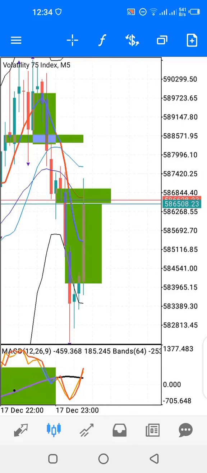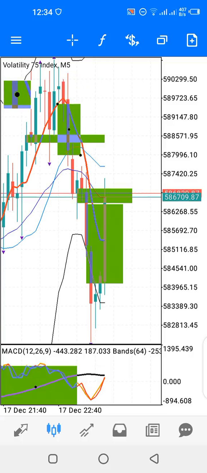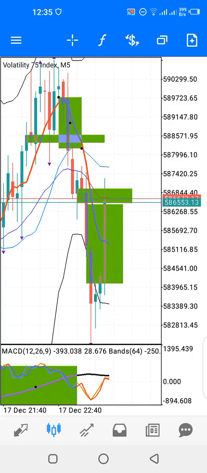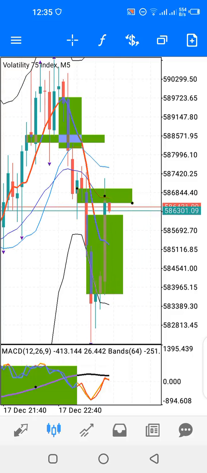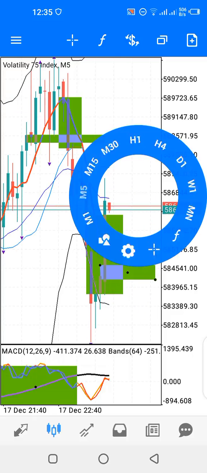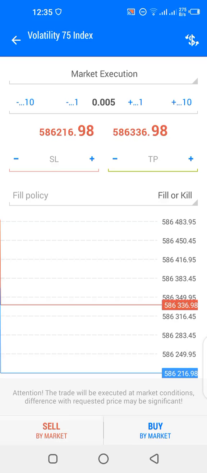Don't forget, you allow price to cross down and close below the 13 moving average. Also allow it to cross up, like you have a cross up here. This candle is fair enough, so I can easily place a buy trade around here.